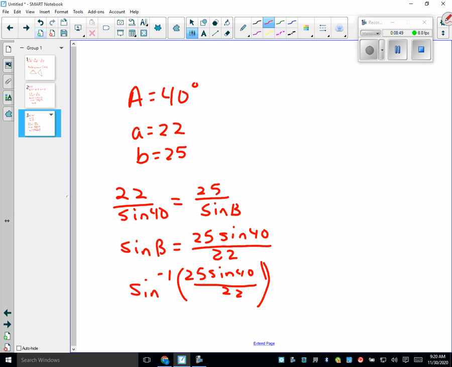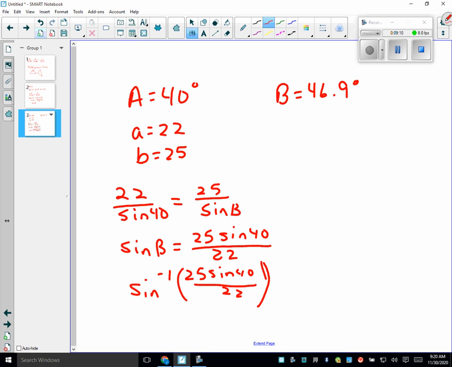All right. What did you get? 46.9. What did we find? Angle B is 46.9 degrees. Now, remember I told you it's an ambiguous case. Strange things could happen.